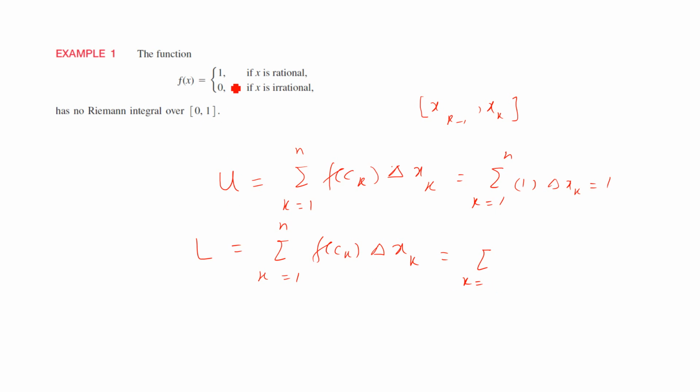So the maximum will be 1 and the minimum will be 0. So in the case of the lower sum, f(ck) is 0 and this sum is 0. So the upper sum approaches 1 and the lower sum approaches 0. So the limit does not exist, and it means this function has no Riemann integral over the interval [0, 1].